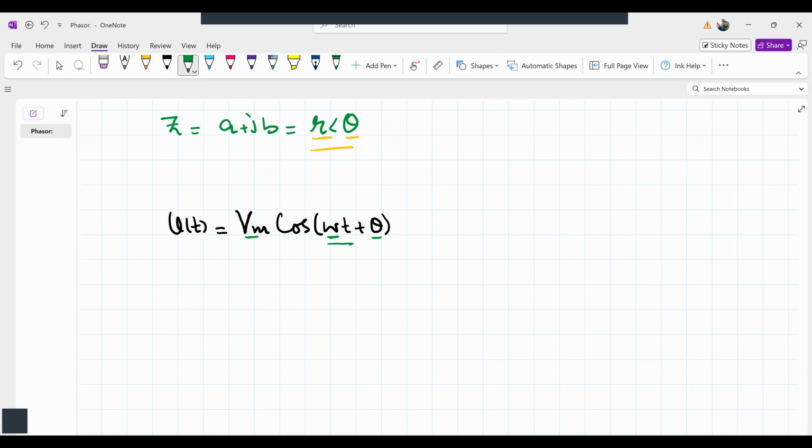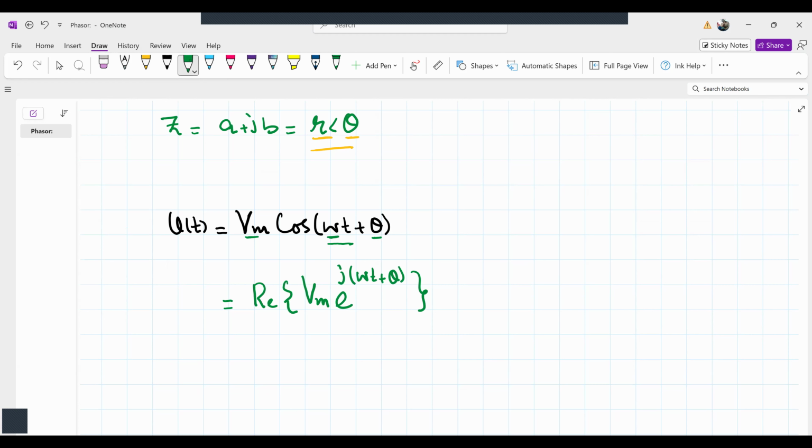Now we can write this sinusoid like this. We can say this is the real part of the complex sinusoid Vm e to the power of j omega t plus theta. How?